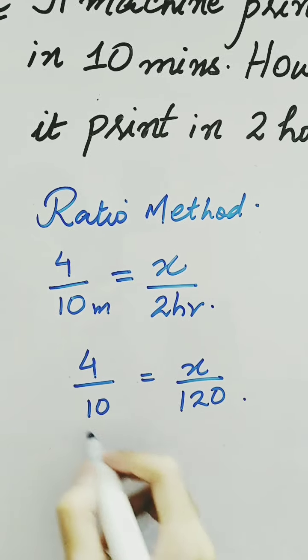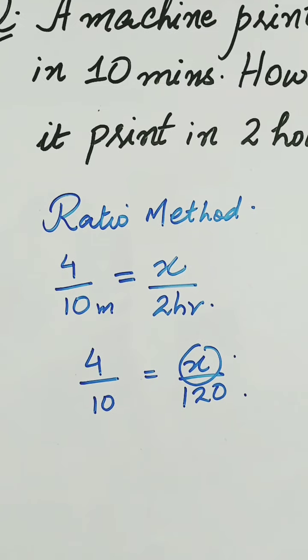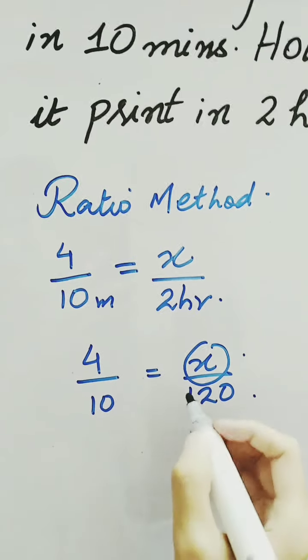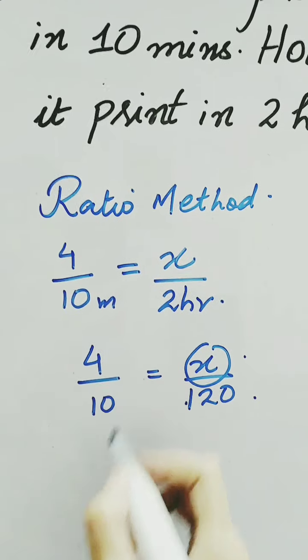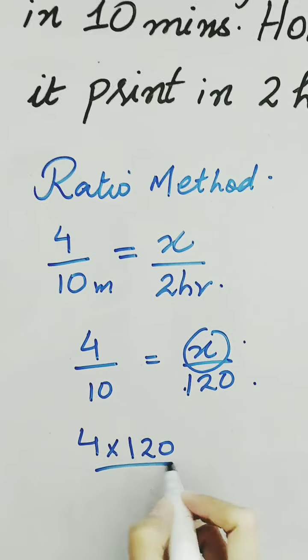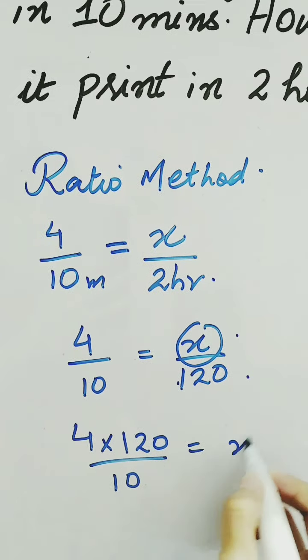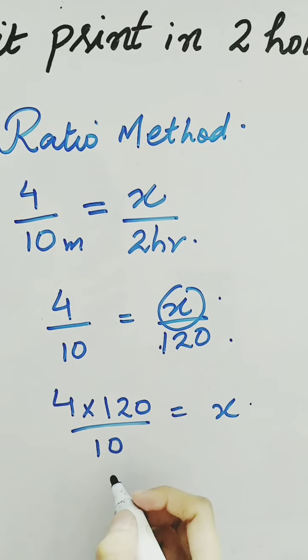Now we can easily find out the value of x, or the number of books that a machine prints in 2 hours. Now here 120 is dividing. When we take it here, it is going to multiply with 4, and we have x equals 4 into 120 over 10.